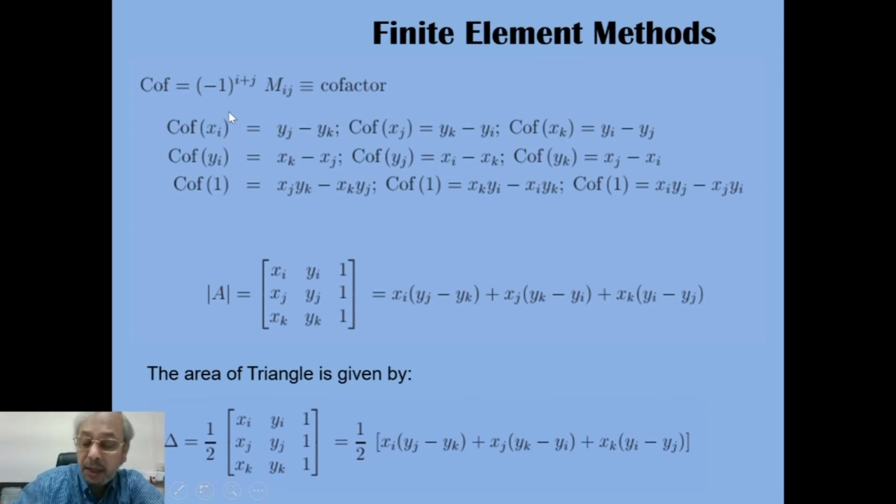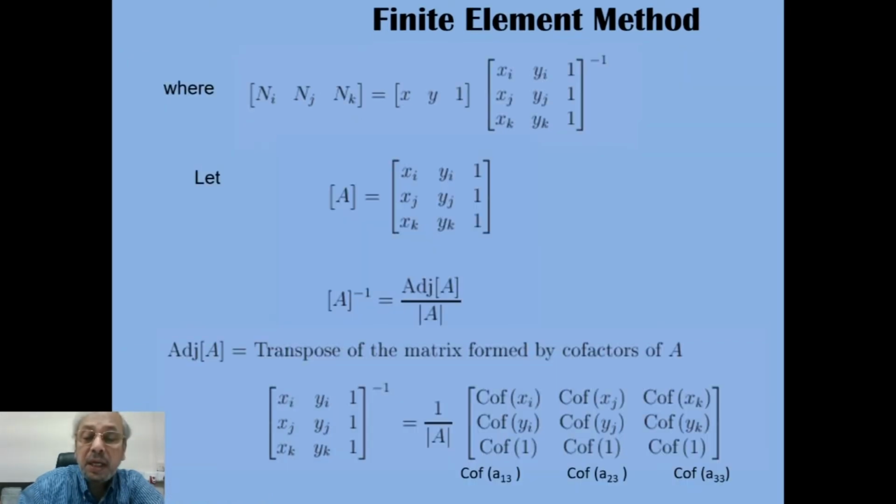So if we go back to the previous slide, the cofactor of xi, its sign will be -1 to the power, as we have said, i plus j, that means 2, so it will be positive, and the minor of xi is yj minus yk.